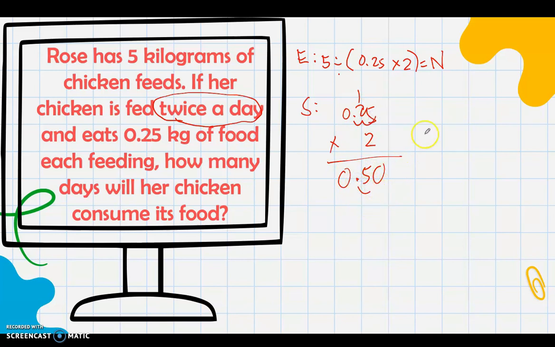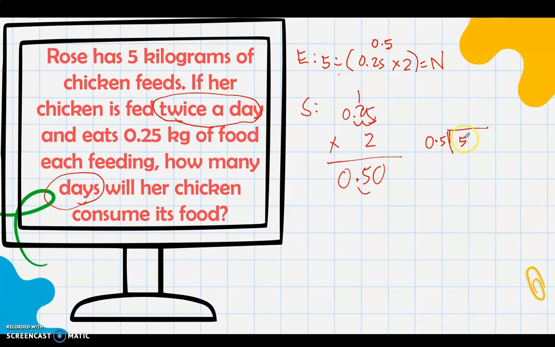So this is 5 divided by 0.5 now. Why are we going to multiply 0.25 times 2? Because we're talking about days. How many days? We're not talking about each feeding.